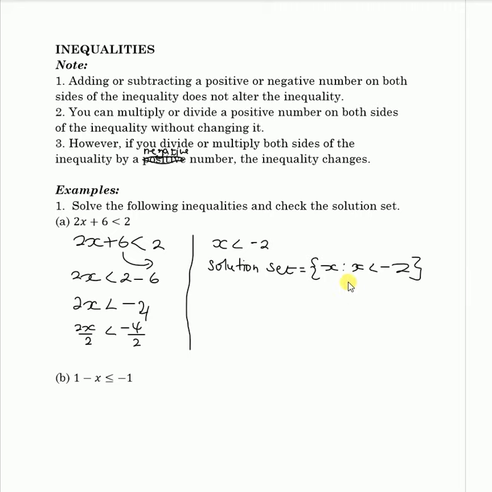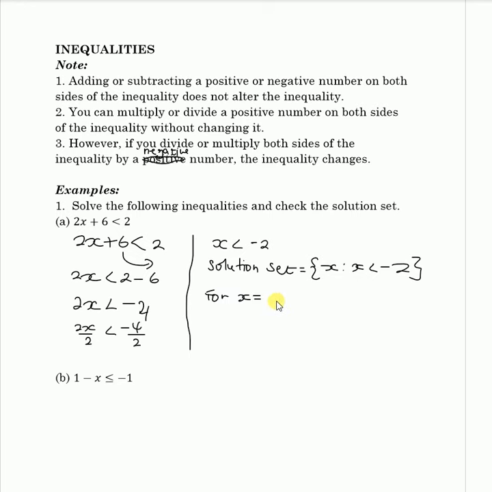The x such that, these things are read as "such that". It's like two dots, one up and one down, a colon. They said we should check the solution set, so let us check for x.